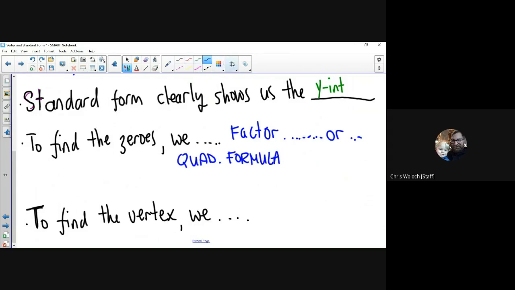So hopefully we remember that's this formula: x equals negative b plus or minus the square root of b squared minus 4ac all over 2a. Cool, fun. All right. So again, either or.